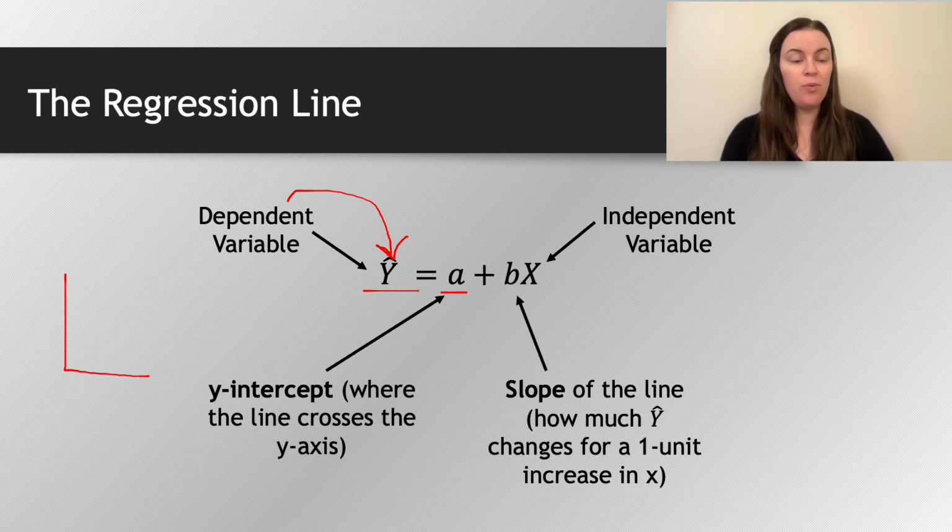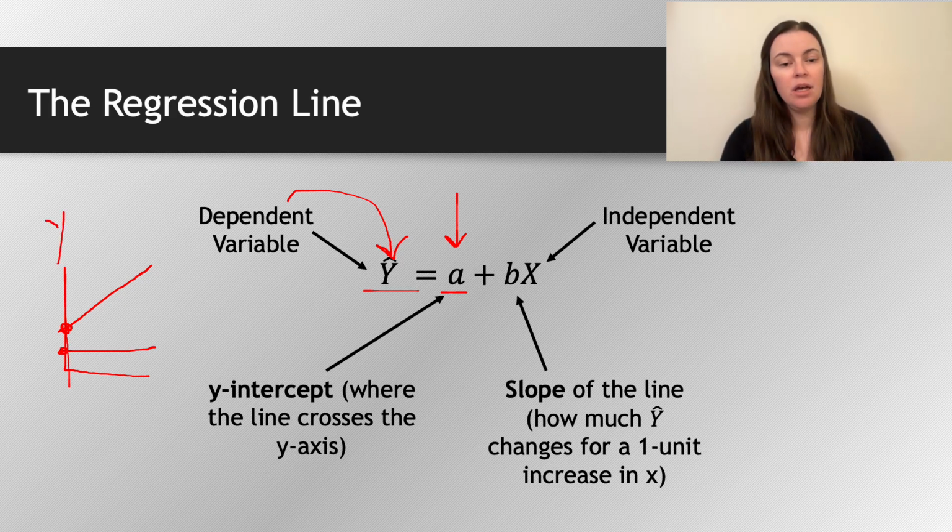So if we have our line of best fit, your alpha value is going to be that point here. Again, that's going to vary depending on the context of the problem. So if I had a line like that, it would be this point here. But again, that value will change, but it will be that point it crosses your y-axis.